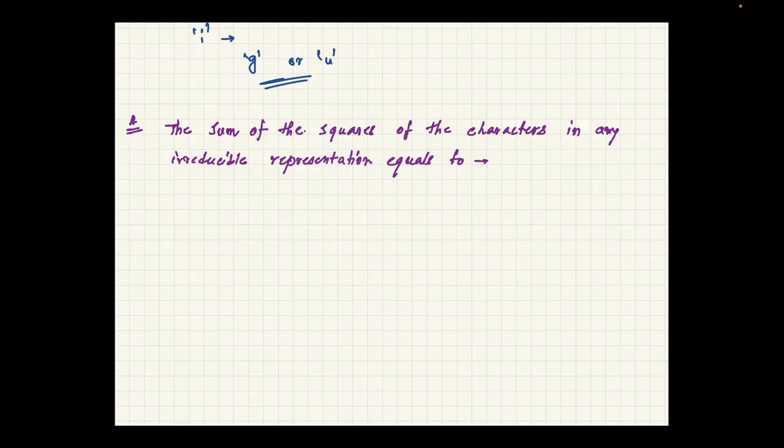Okay, so there are four different options. First one, dimension of the irreducible representation. Second one is the order of the group.